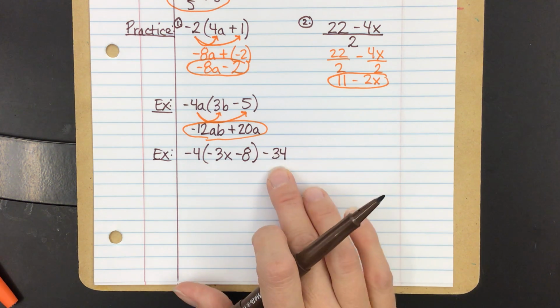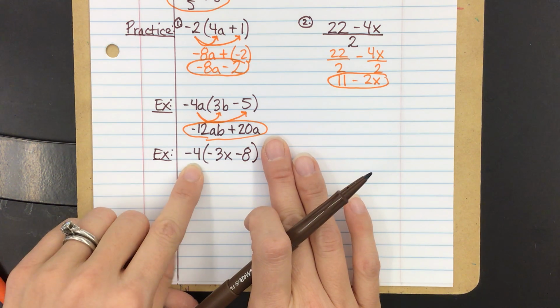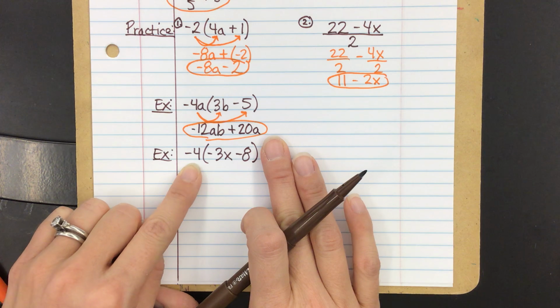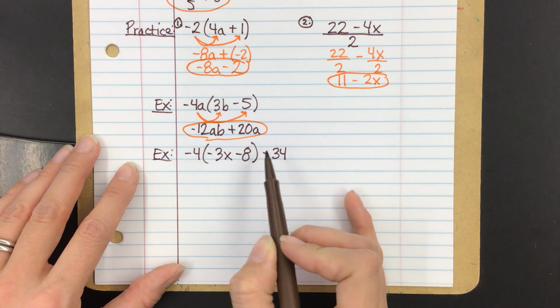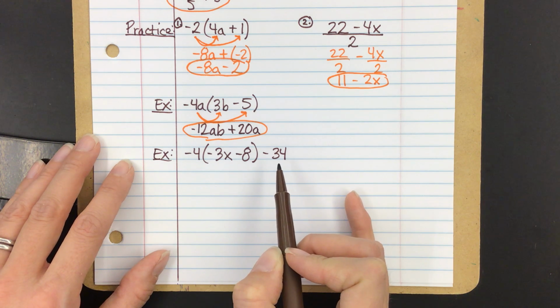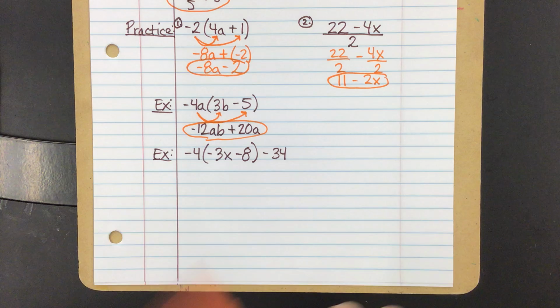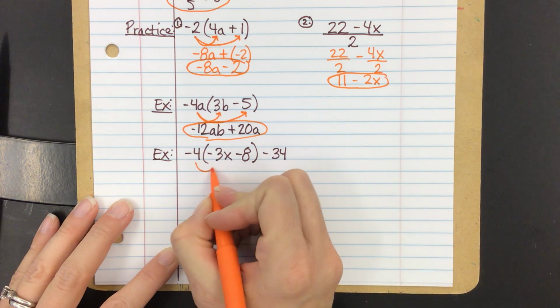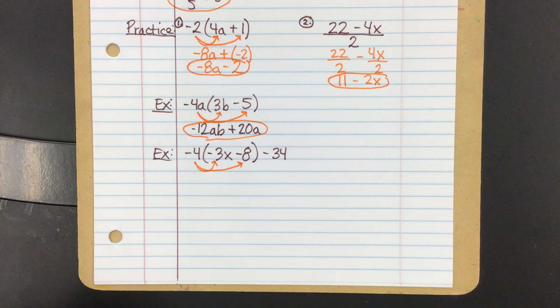Since this part is not in the parentheses, we're going to completely ignore it until we've distributed this out. A common error that I see is people will try to distribute negative 4 to this negative 34, and you don't want to do that because it's not in the parentheses. It's not being multiplied by negative 4. So we can distribute here and here.